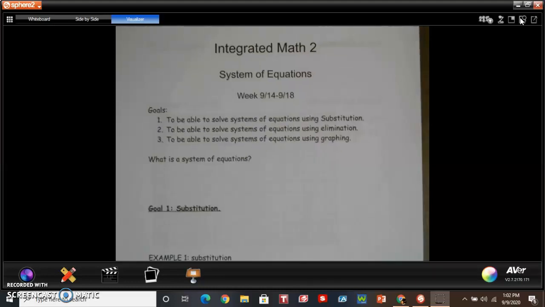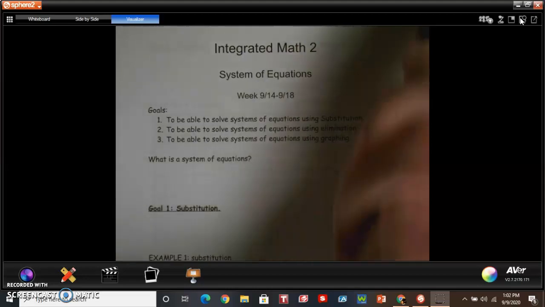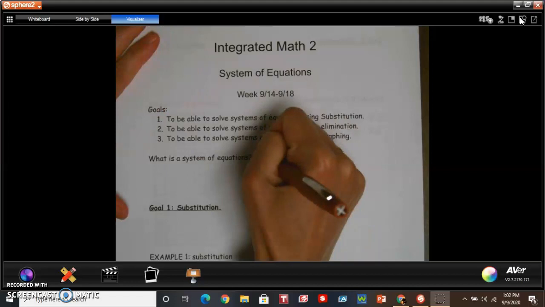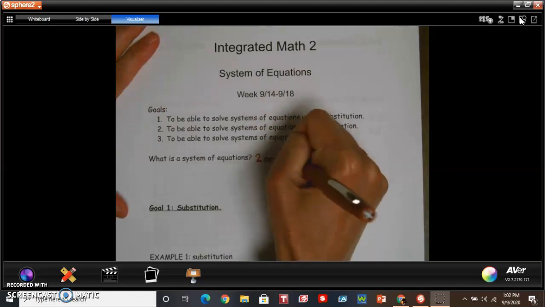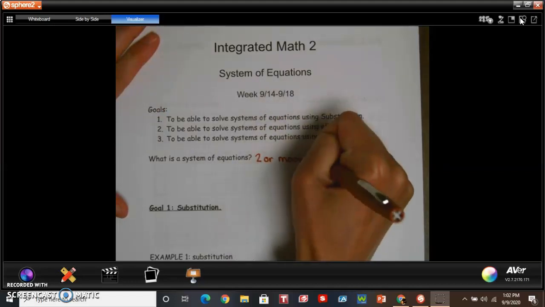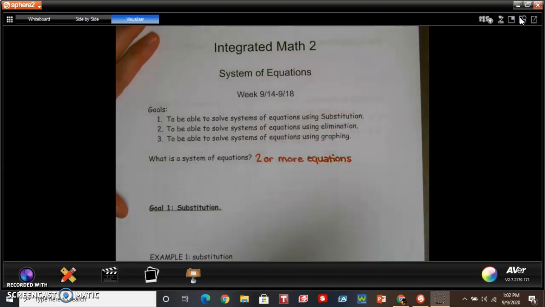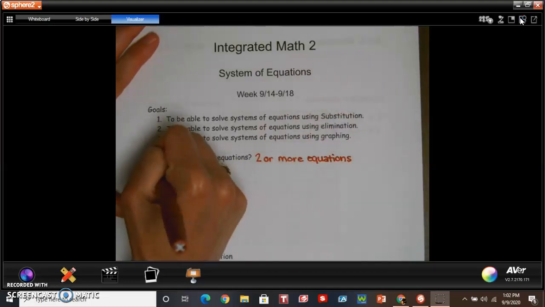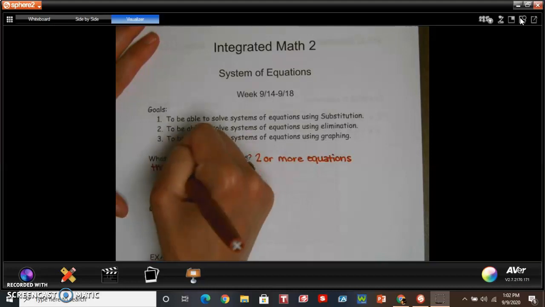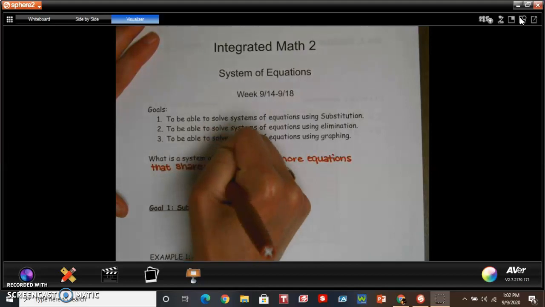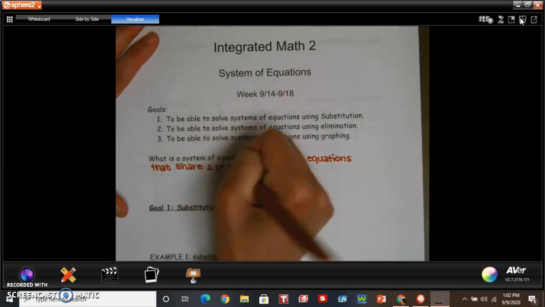So what is a system? A system is whenever you have 2 or more equations that share a point or points.